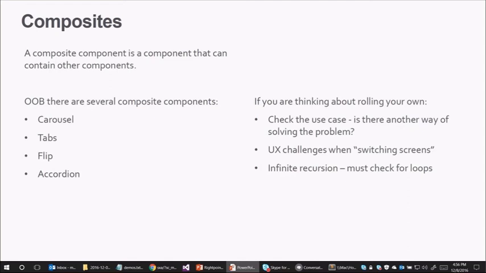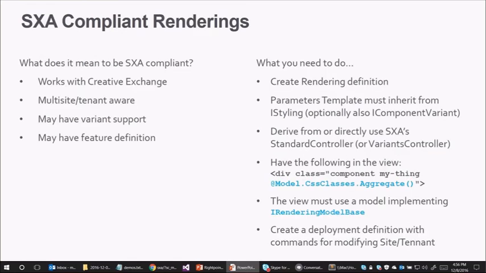So there's composites, these building blocks for building other things. Super level 500 depth of how you could create your own components. There's some things that you have to be aware of and make it multi-tenant, and follow some patterns and implement the right interfaces, and you can build your own, essentially, is the message.